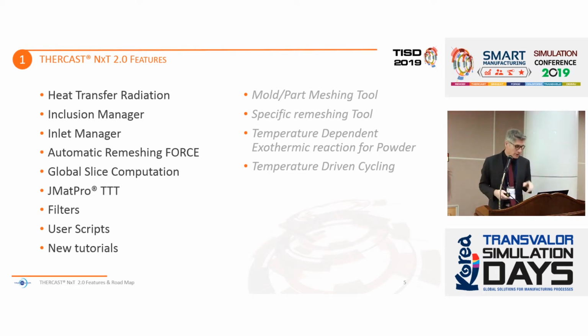So I have classified them in two lists here, the left-hand side of the slide and the right-hand side. The right-hand side is not presented precisely within this presentation. A few words anyway. The first two points are a tool dedicated to the meshing: if you have the geometry of the part but not the mold, you can create the mold around this geometry.